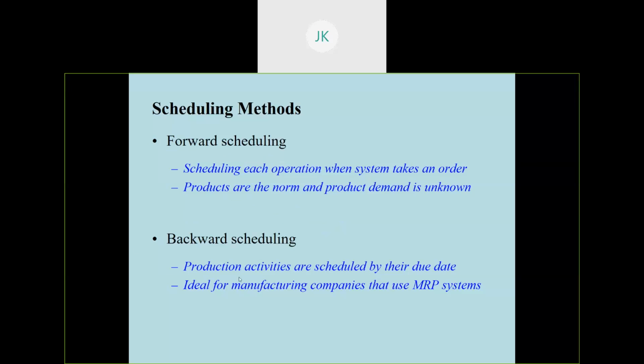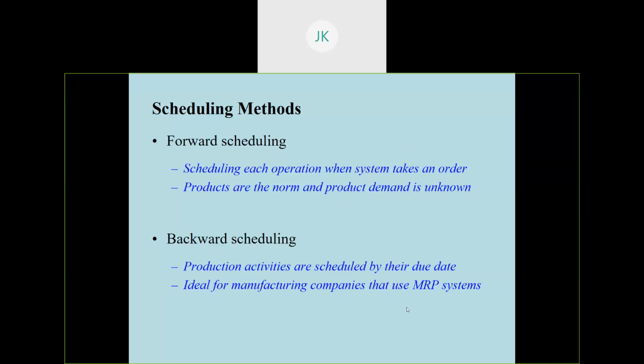Okay, next one is backward scheduling. Production activities are scheduled by their due date. We haven't covered the MRP system yet. Demand is unknown, and then we take an order, then start: that is a make to order system.